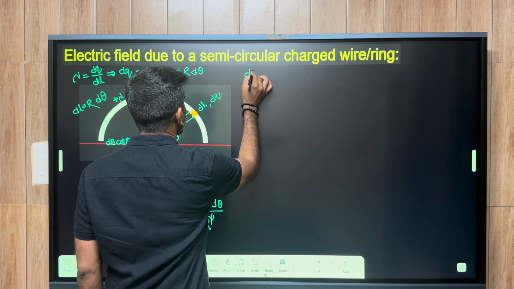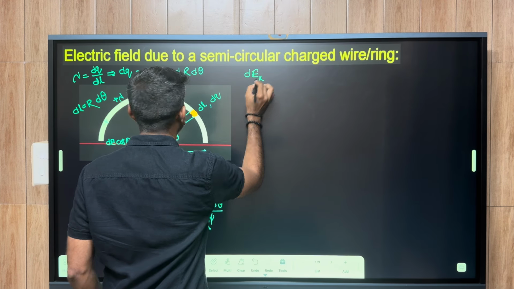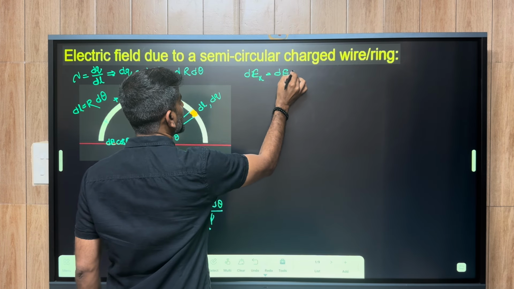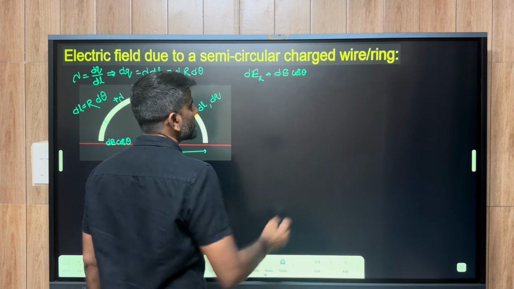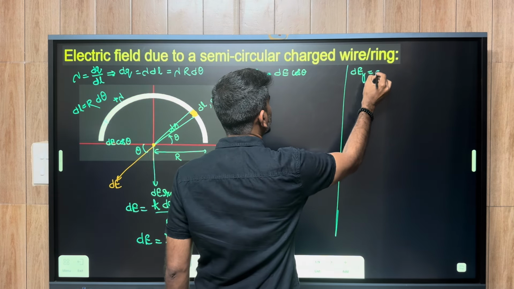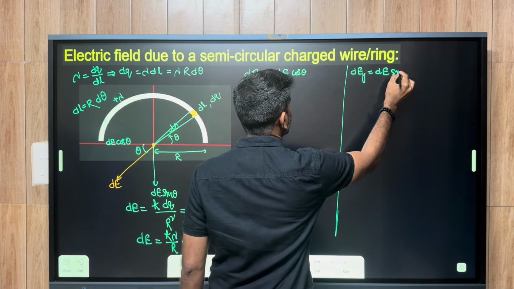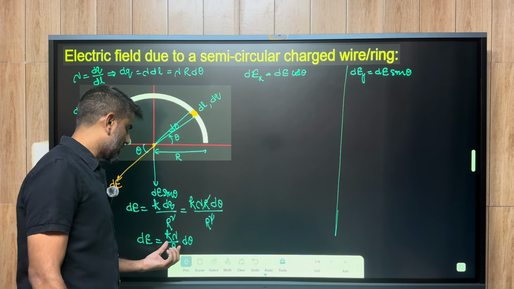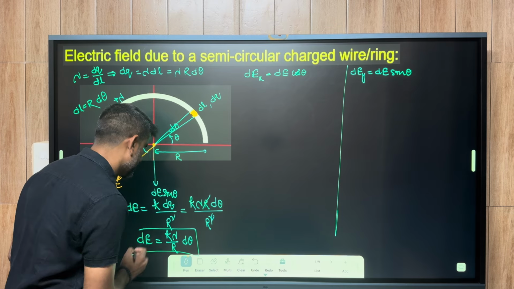So the x component of the electric field, dEx, is equal to dE cos theta, and we have dEy equal to dE sin theta. I know dE; this is the expression that I'm going to use.